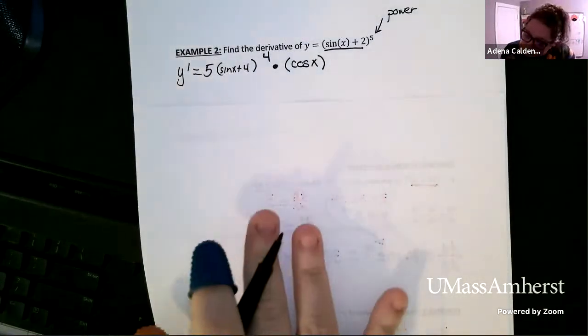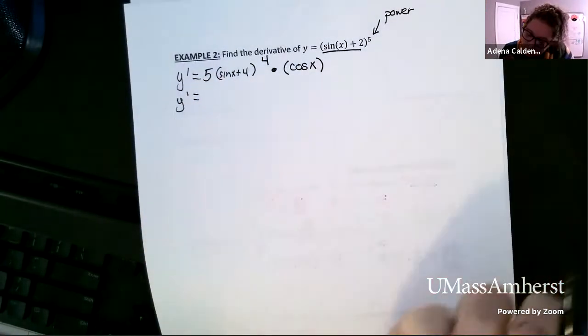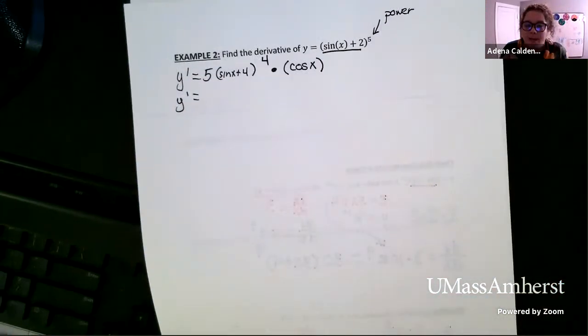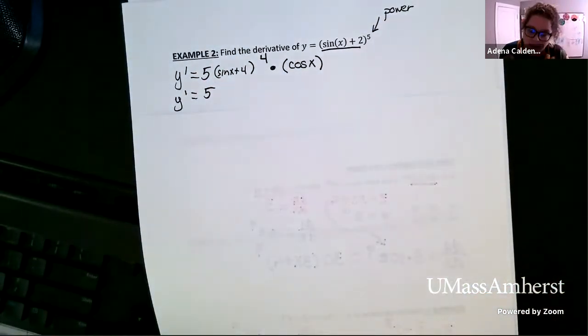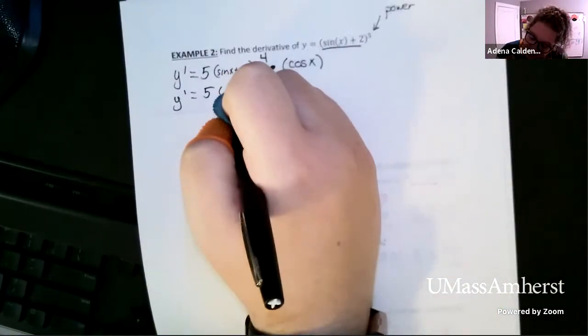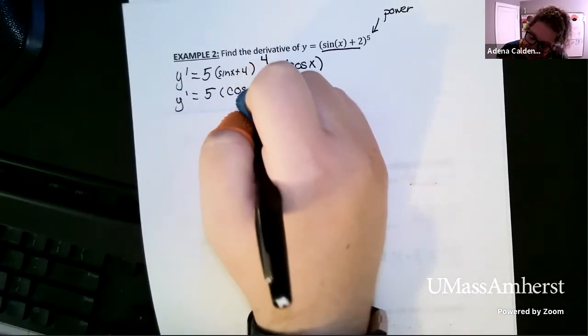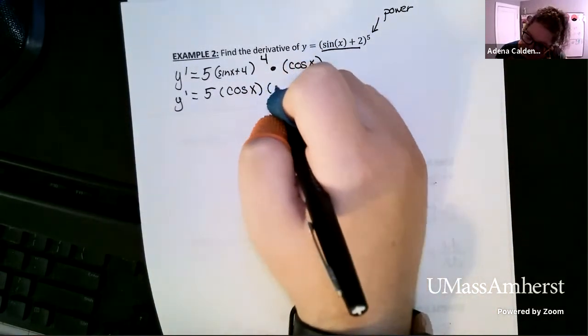And just so that you know, typically the way that we write answers on quizzes and things like that is we write them in increasing difficulty. So any constant will come first. Then we'll go and look at each parenthesis and see how high their power is. So since cosine x is just the power of 1, we would write that next.